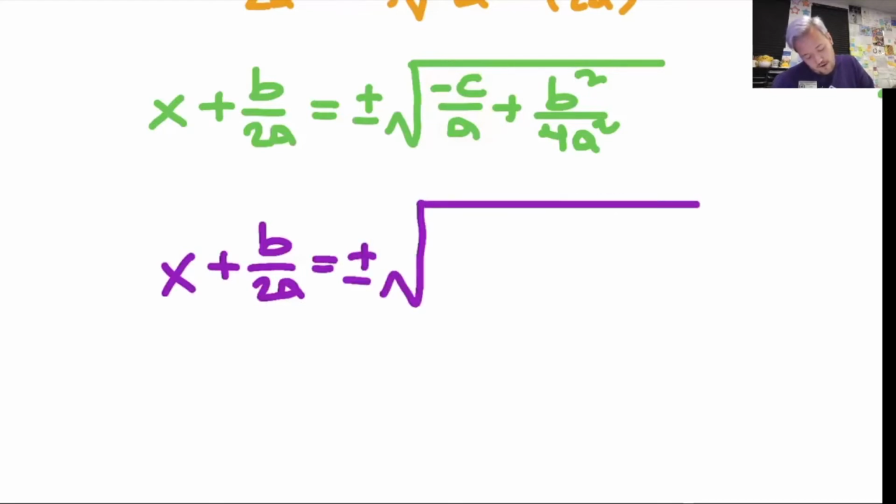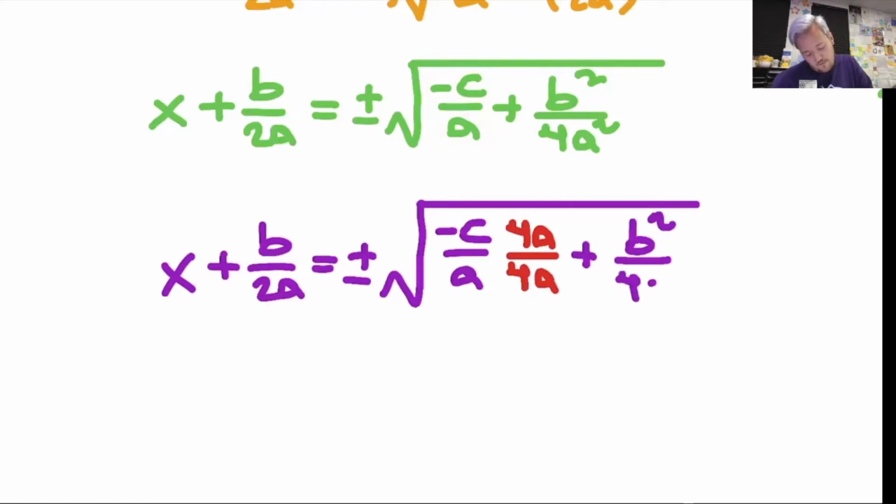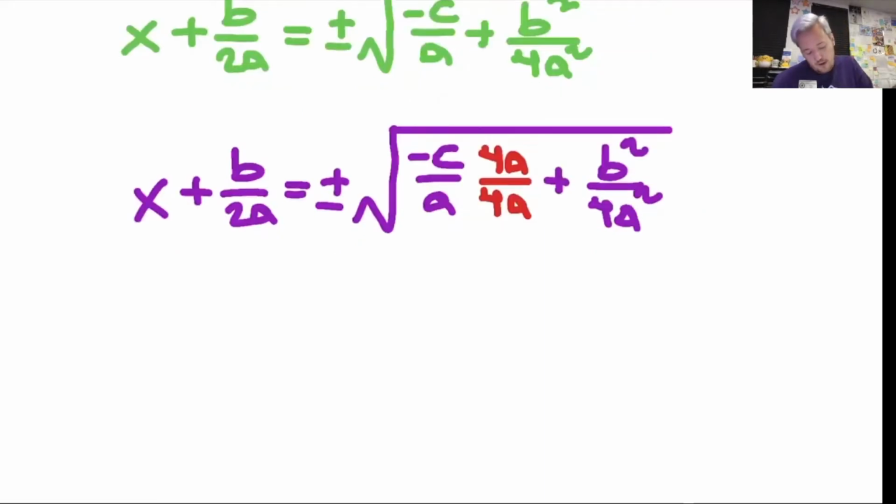I have negative c over a, but I'm going to multiply it times 4a over 4a. Remember, that's the equivalent of still just multiplying by a form of 1. It's really similar to the idea of rationalizing, but in this case, I'm really just multiplying by 1. So I'm not changing the value, I'm just changing the form, just like rationalizing.